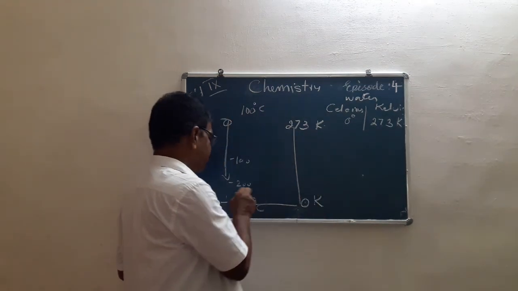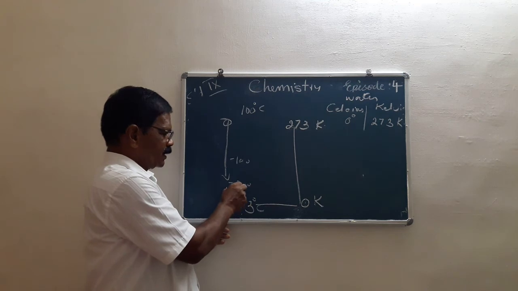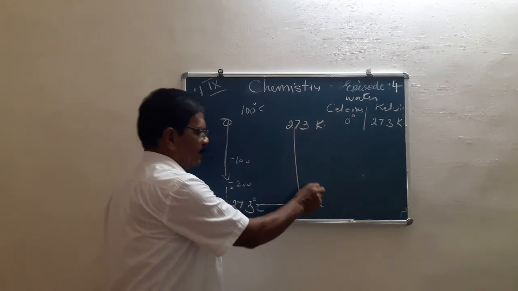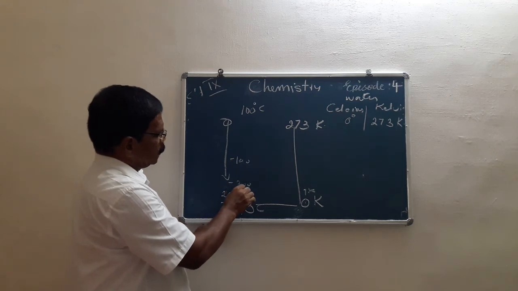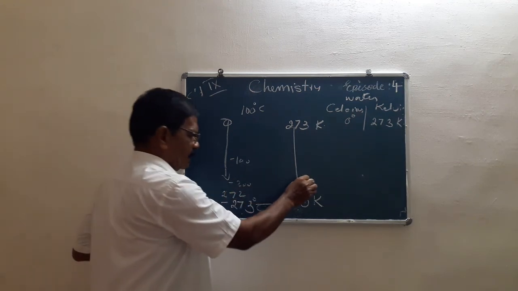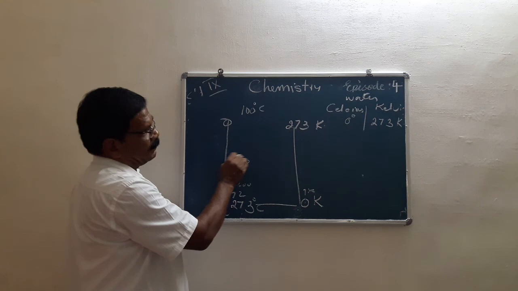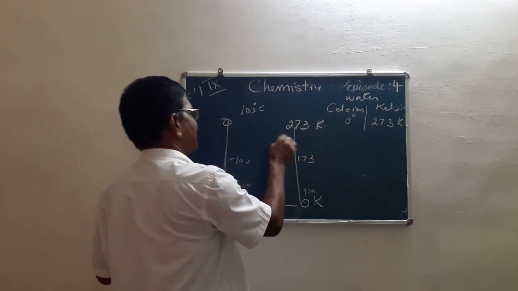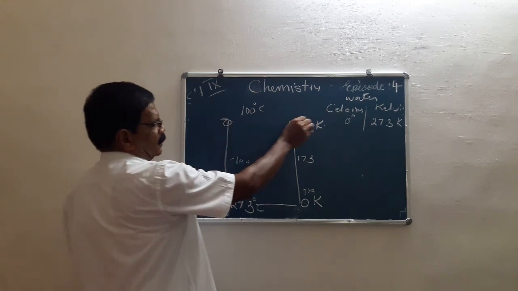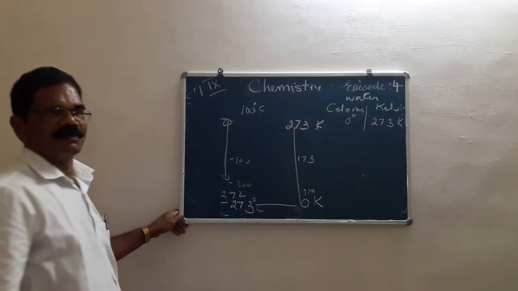Then 1 degree Celsius is equal to 1 K. Negative 272 means 1 K. Negative 100 means 173. 0 means 273. There is no need to remember these.